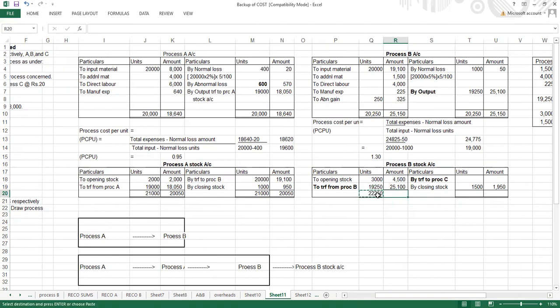Okay, the same formula here. Again, is the formula. I'm going to take a plus from this column. Now copy that one.